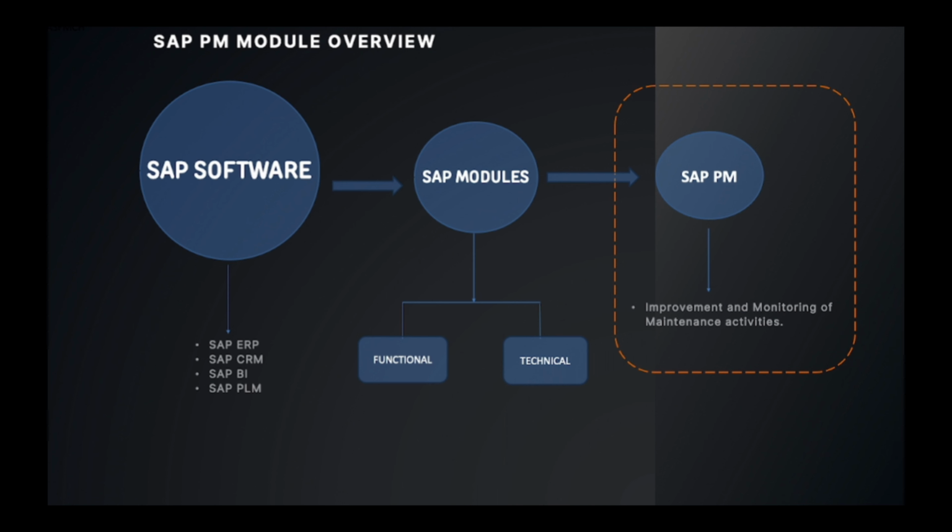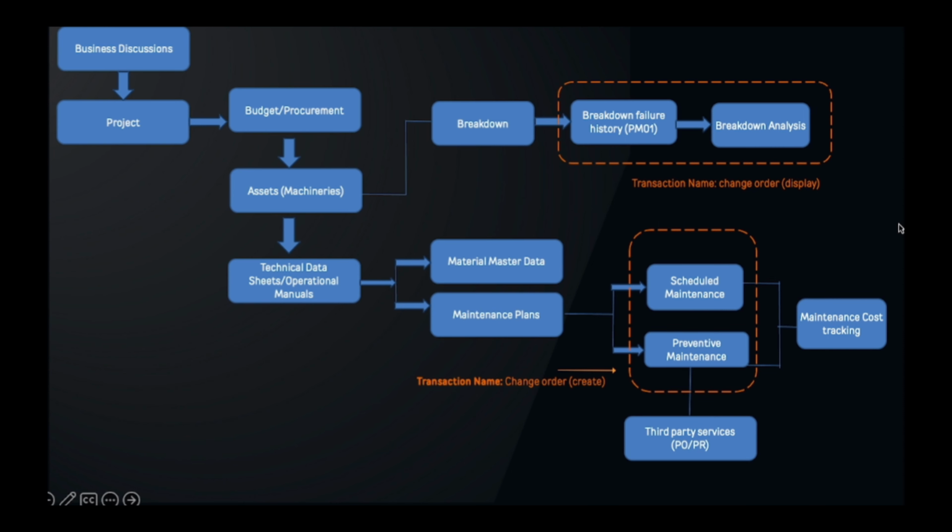So I want us to quickly look at this chart. In this chart, I'm going to explain practically why SAP PM is needed. Before the commencement of a project, there are always business discussions.